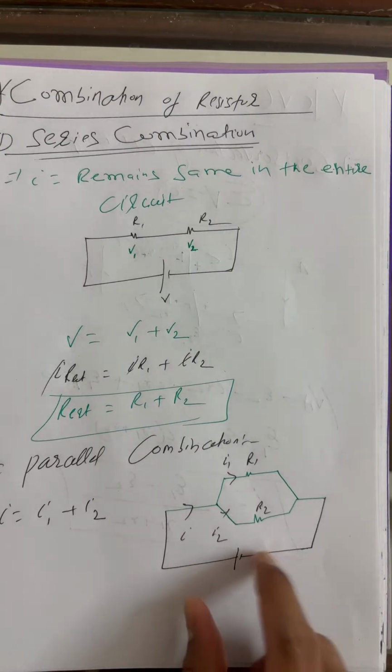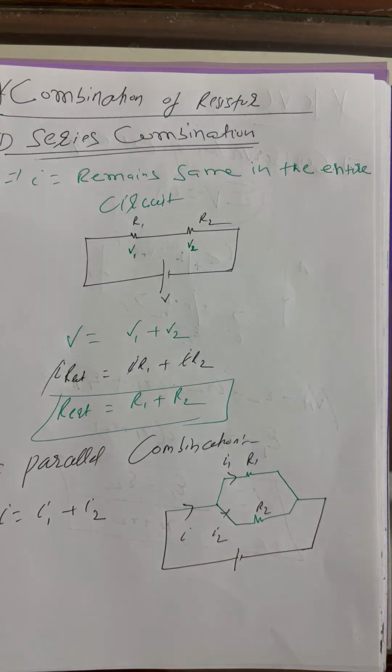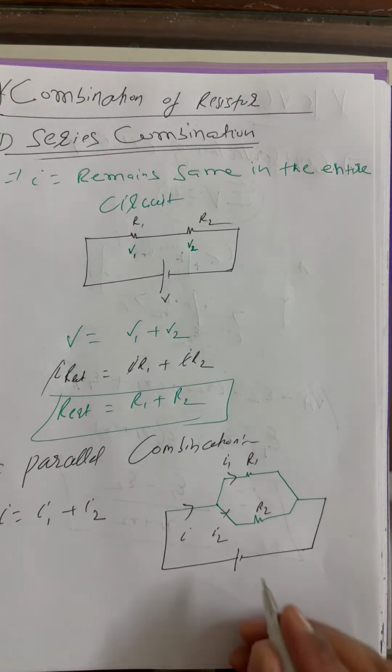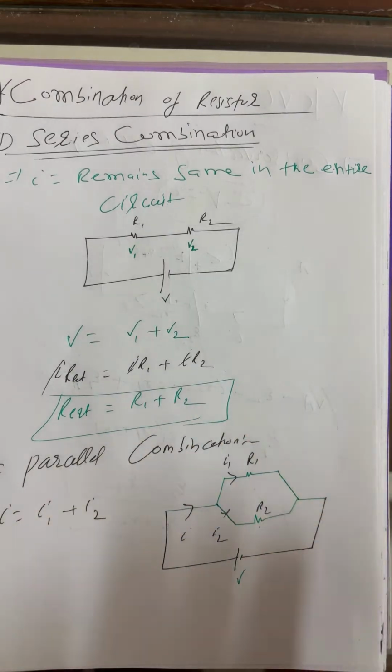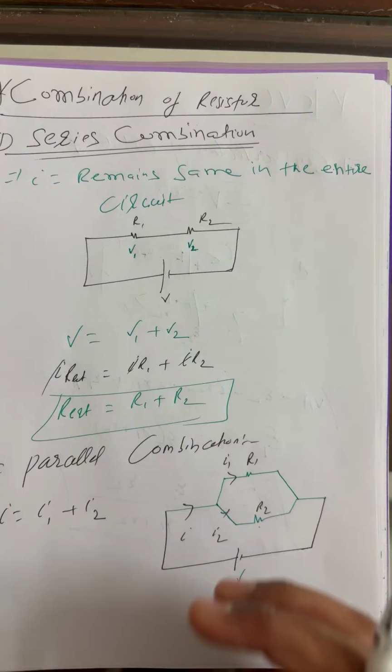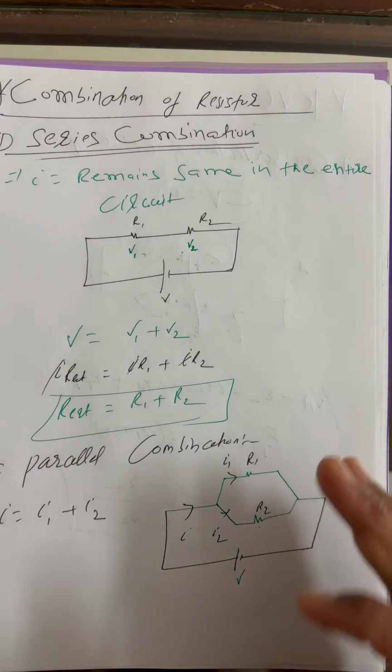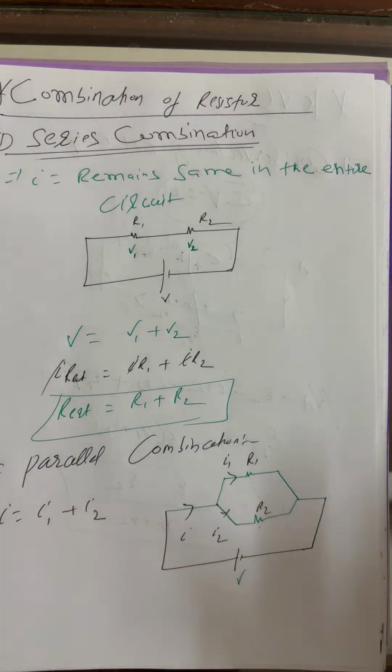But what remains the same for the entire circuit is the potential drop, which is V. I have taken only two resistors here, but even for more than two, the potential difference remains the same for all.